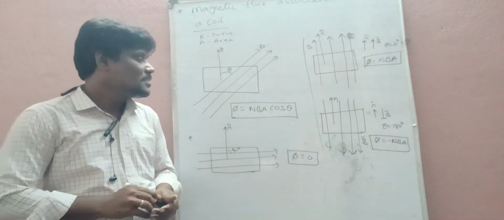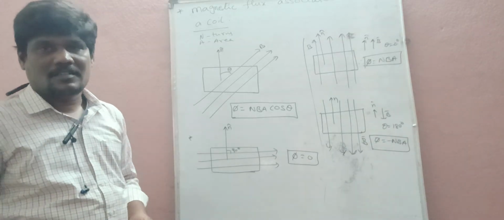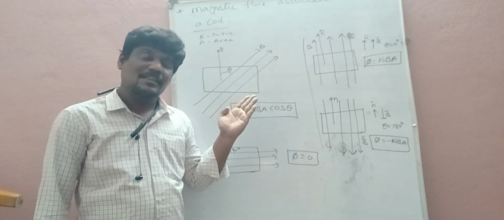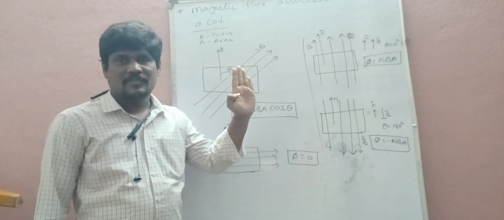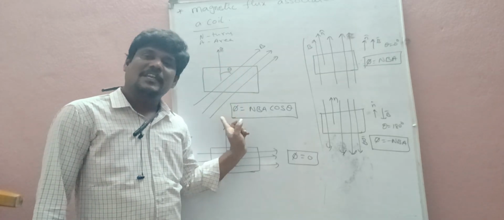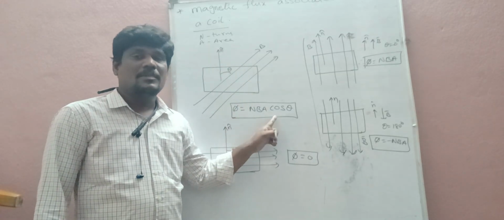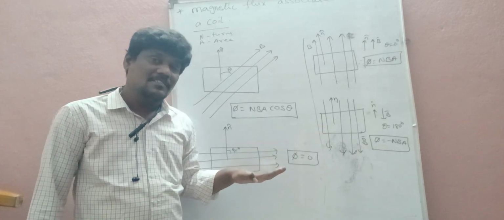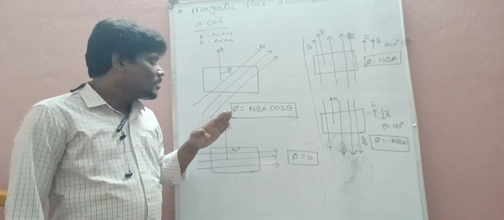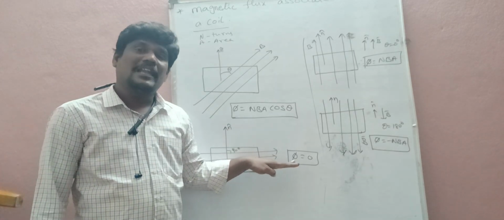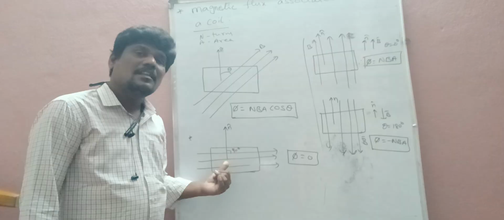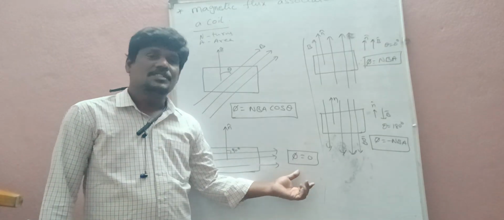Okay, this is the flux linked with the coil. Whenever the magnetic field makes some angle with the normal, then flux phi equal to NBA cos theta. If the magnetic field is along the plane of the coil, then flux phi equal to 0.